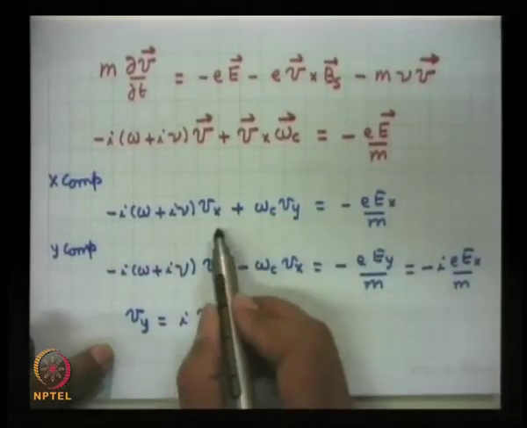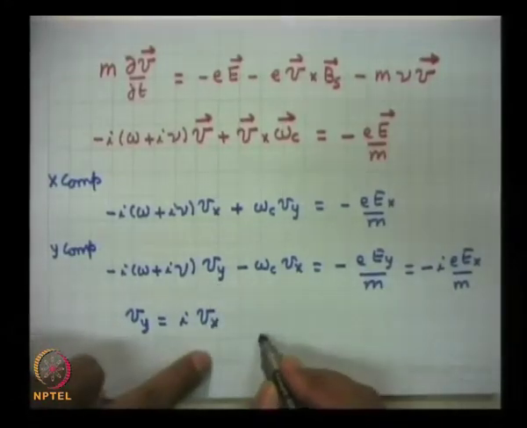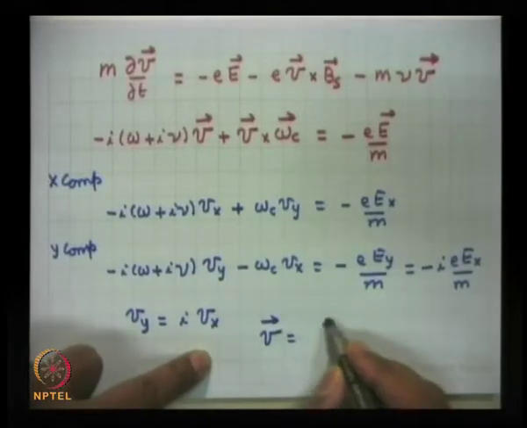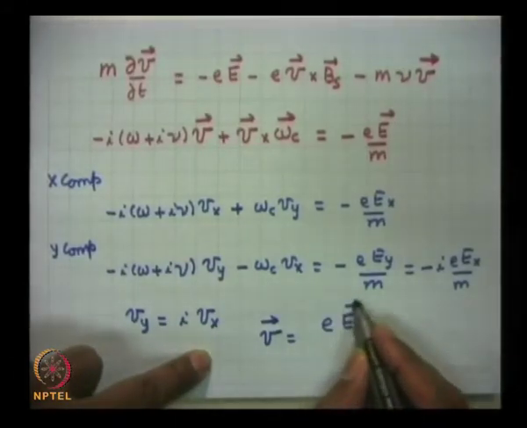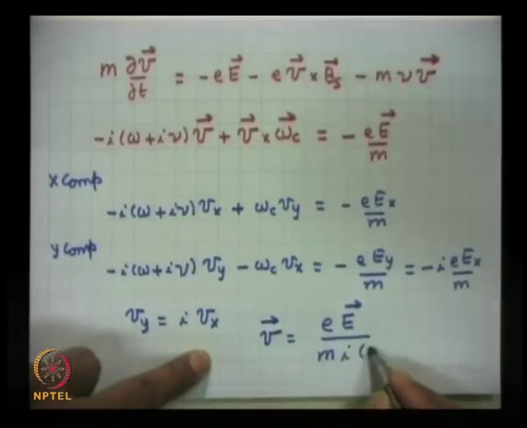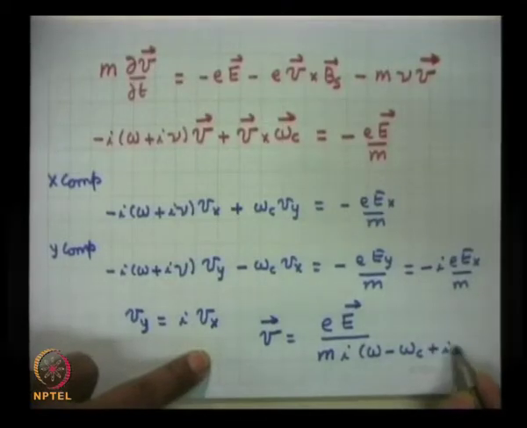The interesting consequence is that once you get this, if I put Vy equal to iVx here, then Vx can be explicitly written in terms of Ex, and the result is that velocity turns out to be simply equal to E vector upon m into (iω − ωc + iν).